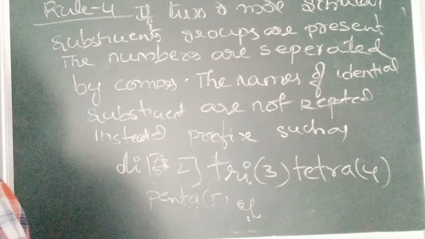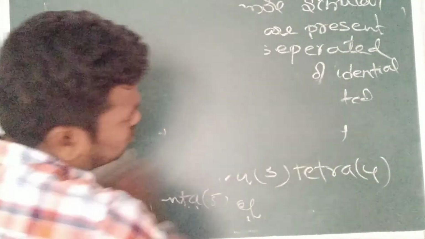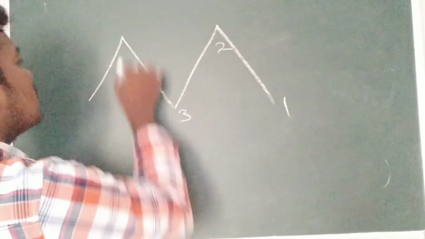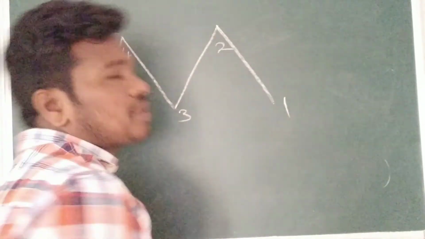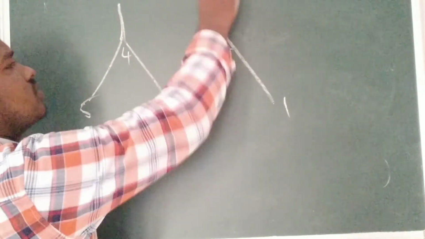Now you can see one example based upon rule number 4, where the same substituent groups are present. How can you write it? Whatever the numbering, 1, 2, 3, 4, 5, you will get the same result. Here there is one branched chain, and here also one branched chain.